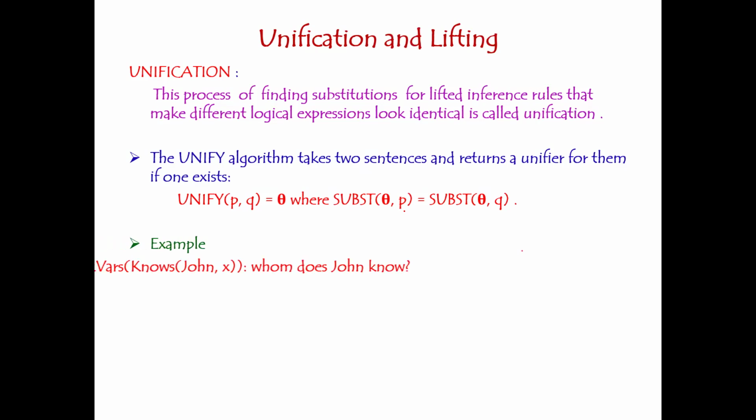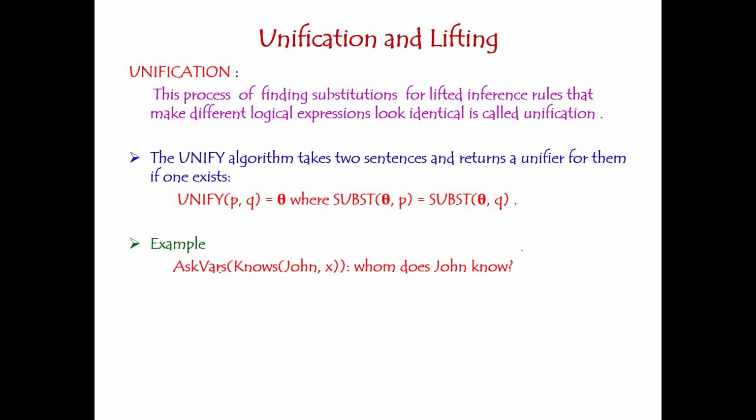Let's see an example. Here we have a query to solve: whom does John know? Let's formulate this in the form of an inference rule: John knows X. Here X is the one that we should find out. Whom does John know?